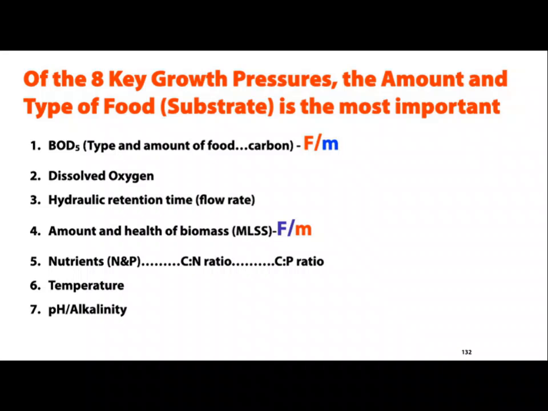Of course, temperature then is number 6 on the list. pH and alkalinity, then 7, and we'll get back to these. And then the 8th one is what I call the negative growth pressure, but it can be big. I think I've illustrated already or mentioned anecdotally examples of inhibitory compounds that are significant growth pressures.